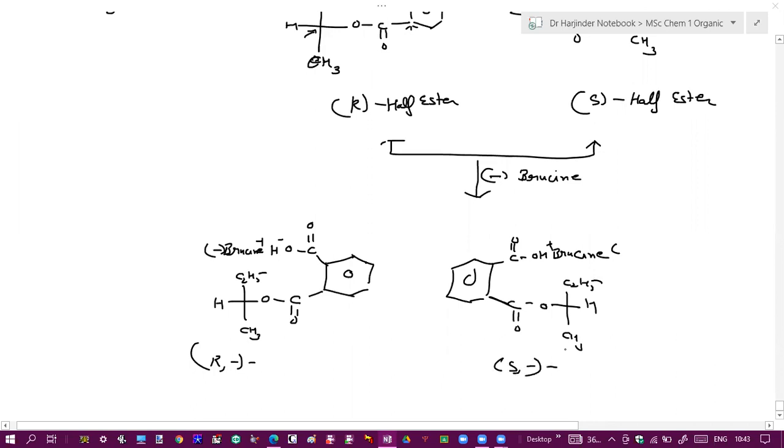Now, what you have gotten over here, is it a mixture of enantiomers or diastereomers at this stage? Diastereomers. Now it is a mixture of two diastereoisomers because you have one chiral center over here, and another is brucine, which is also optically active. So now you got the mixture of diastereoisomers.